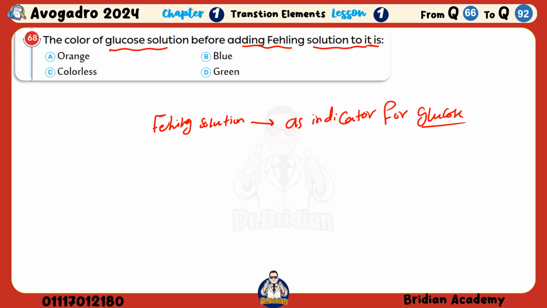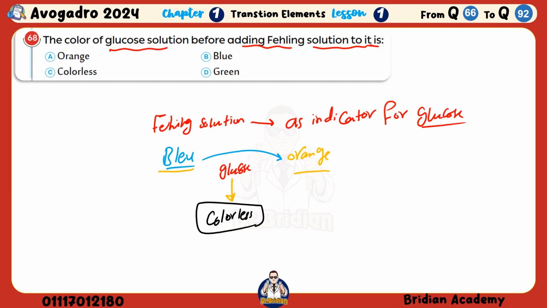The color of Fehling's solution is blue, and after adding glucose it turns into orange. So the change in color belongs to Fehling's solution, not glucose solution. So glucose solution will be colorless. So the right choice is letter C.